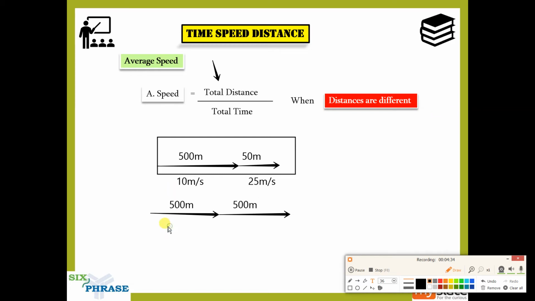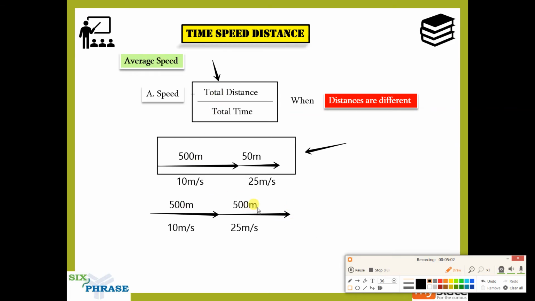He covers this at 10 meters per second speed, and this at 25 meters per second speed. Now in this case, like I told you, you have to apply this formula. There is no other way, because when the distances are different, you have to apply it.